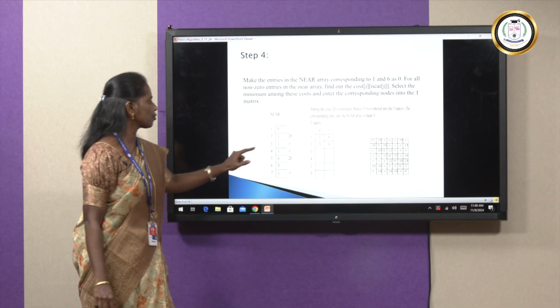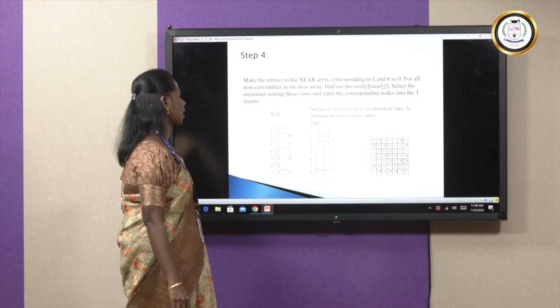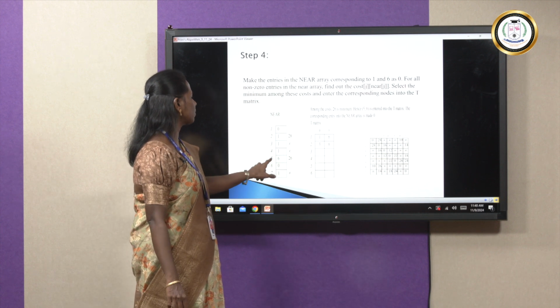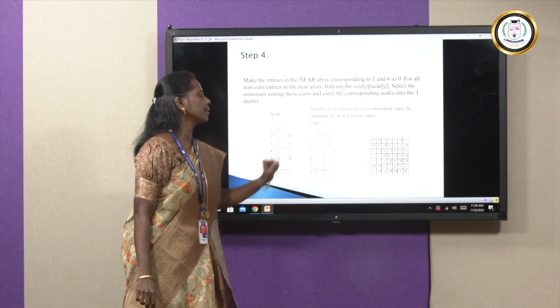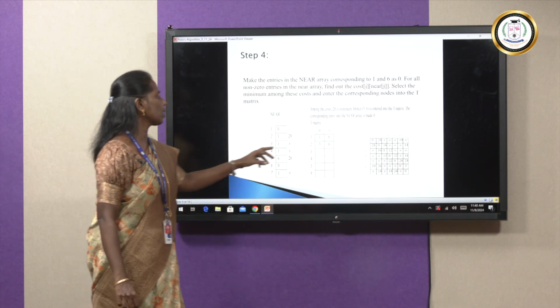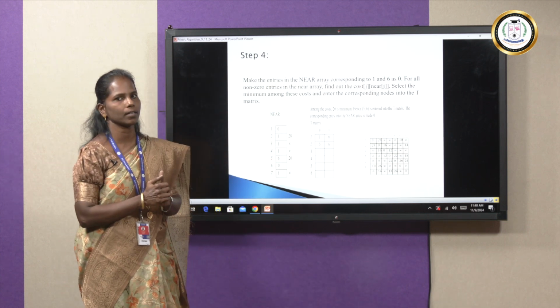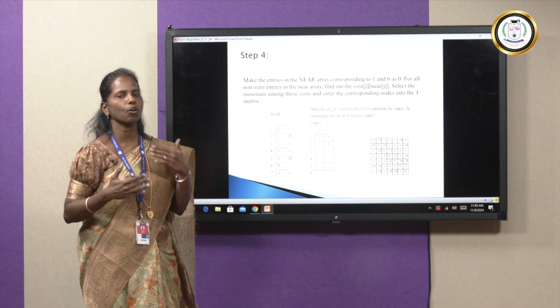Out of these, find which has the minimum cost. The one with minimum cost is 5, 6, which is 26. So this is the second entry in our T matrix. Now 5, 6 got entered into the T matrix. These are the steps we need to follow for phase 1.